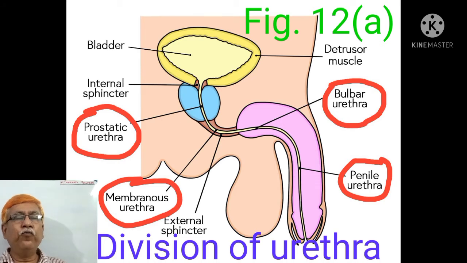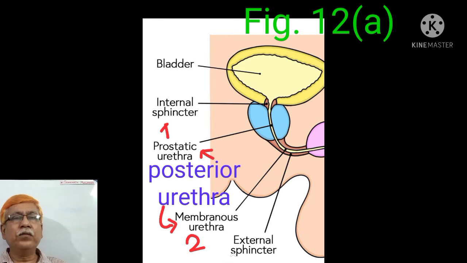So we may say that the urethra is divided into four parts. Those parts are prostatic urethra, membranous urethra, bulbar urethra and penile urethra.